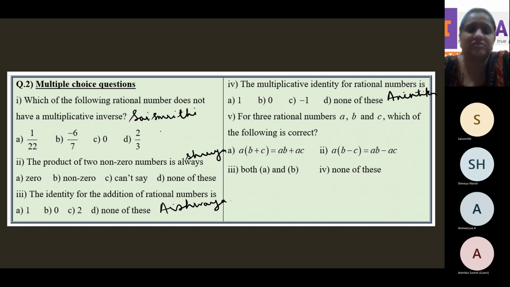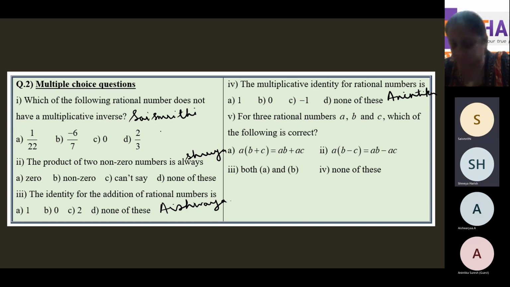Shreya, can you explain that? The first one, ma'am. Sai's answer is 0. Because the inverse of 0 cannot be defined in the number system.